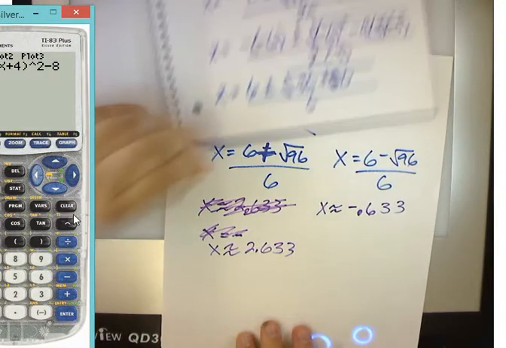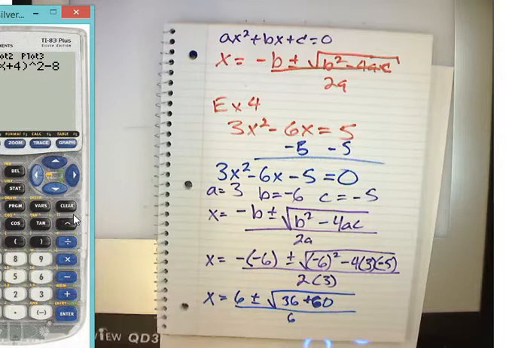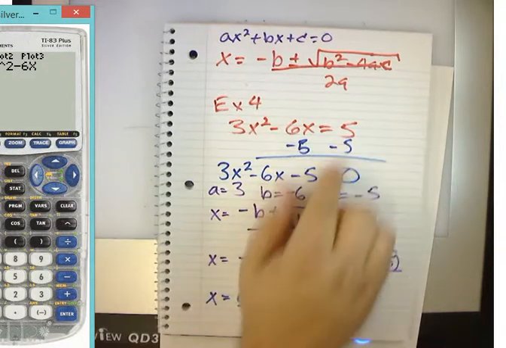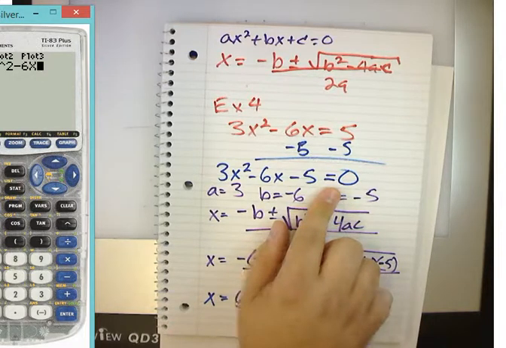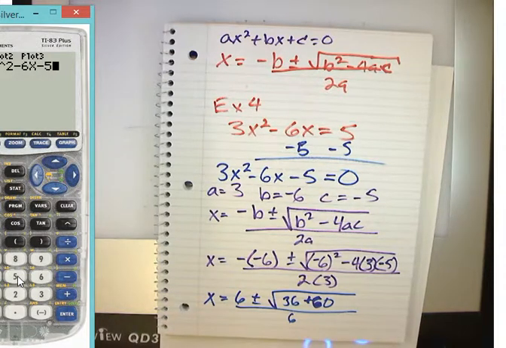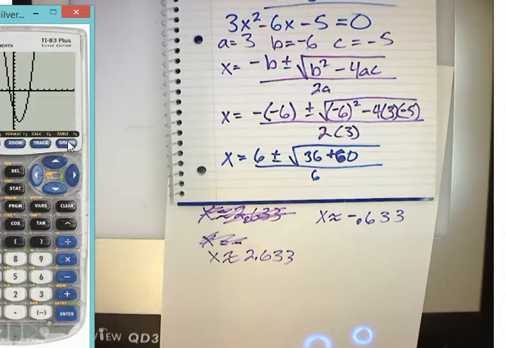The original equation was 3x squared minus 6x. Now remember, we've got to set it equal to 0 first. So in this case, I'm going to put minus 5, and then I'm going to hit graph. Now our answers that we came up with were 2.633 and negative 0.633.